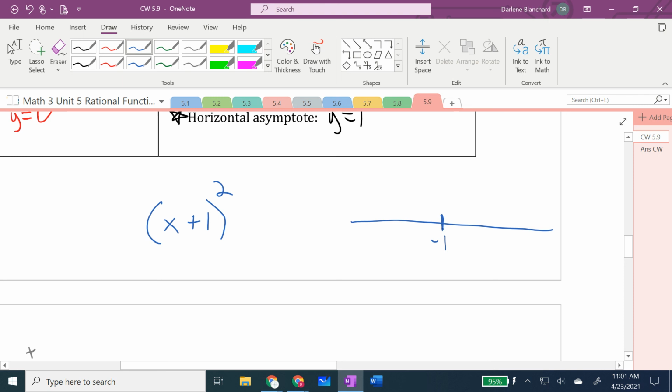So when you look at that spot on the number line, when you do the signs with the pluses and the minuses, you might have some other numbers. But at this 0, you will not get a sign change. The two sides are the same. They're either both positive or both negative.